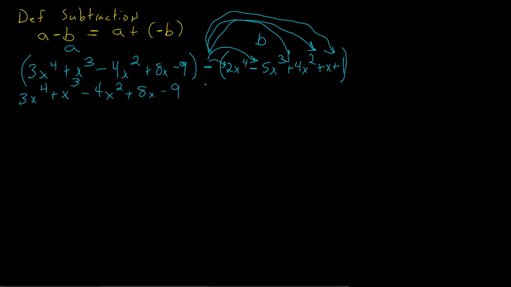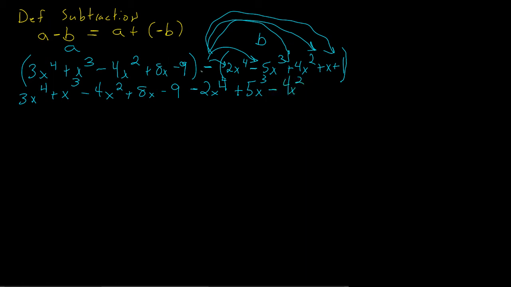So a negative times a positive is a negative, right? And that is x to the fourth power. A negative times a negative is a positive. So that's x cubed. Negative times a positive is a negative.